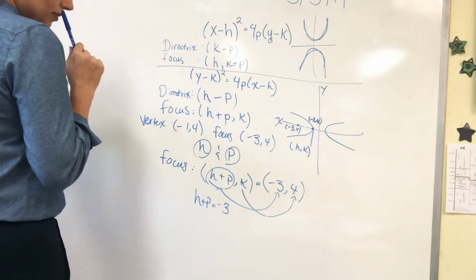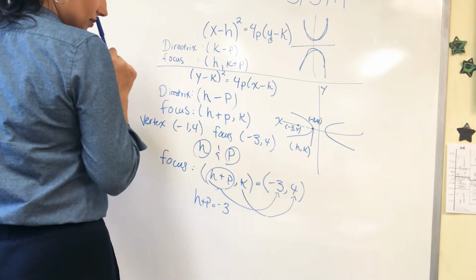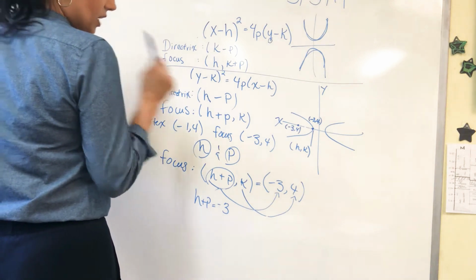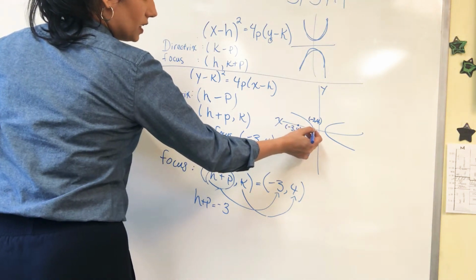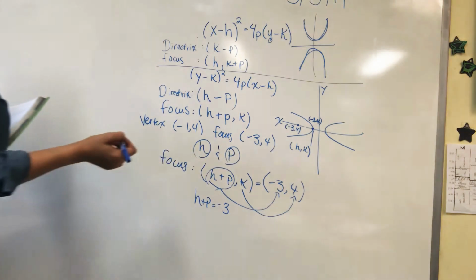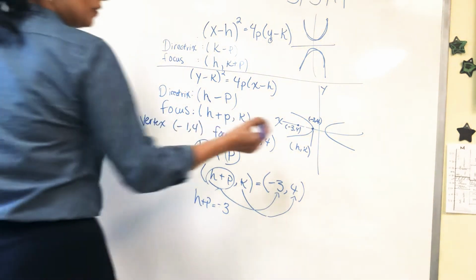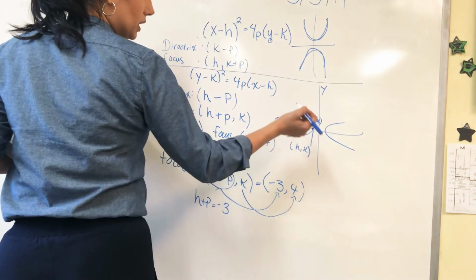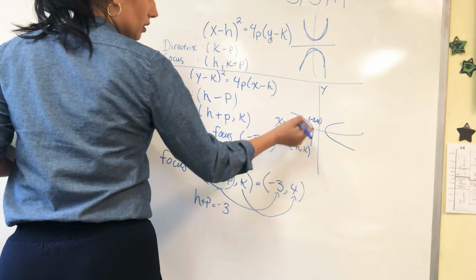So what's the distance between this -2 and this -2? If this is -2, then what do you think is going to be? Well, if it's -2, it's going to go this way, right?